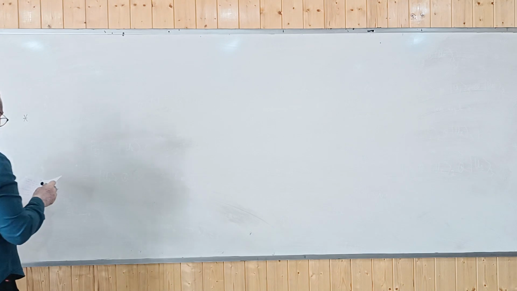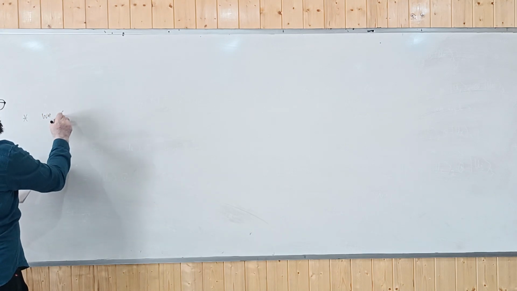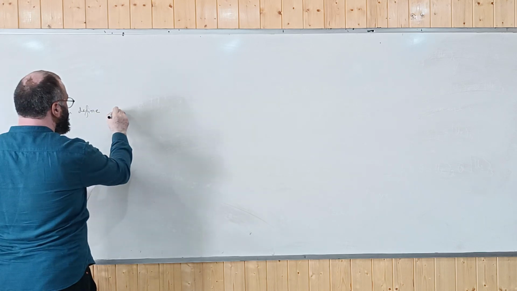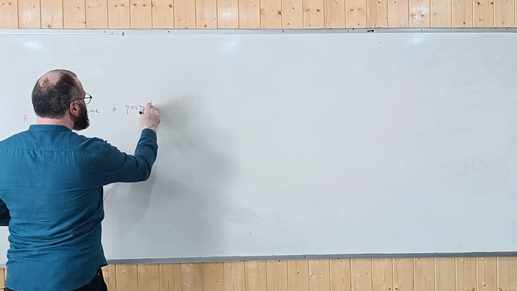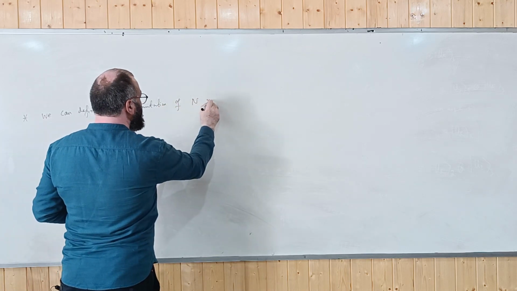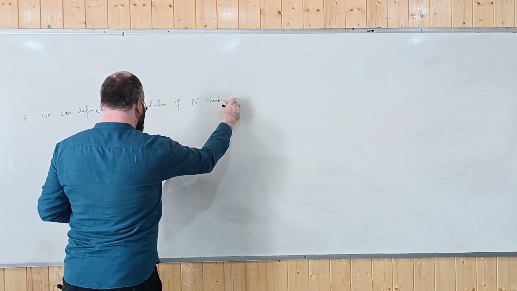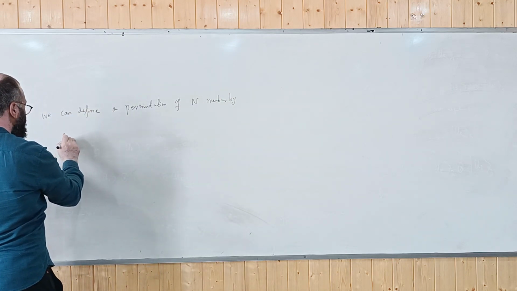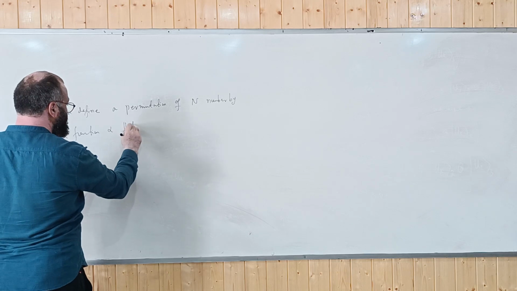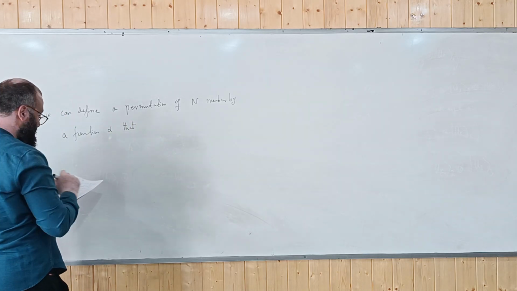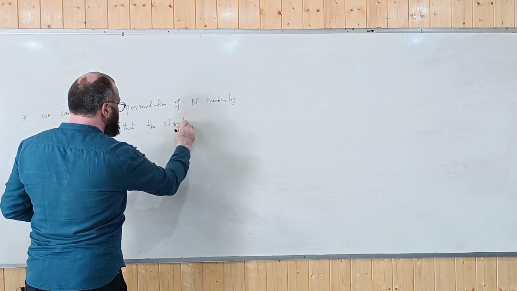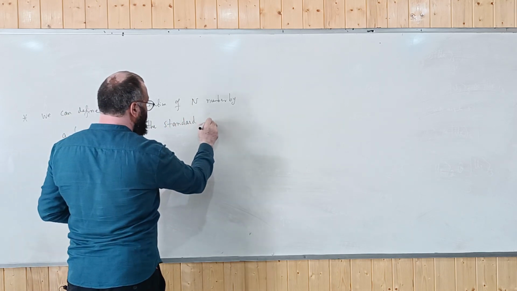So I will define a kind of function. Let's put a simple mathematical definition. We can define a permutation of n numbers by a function alpha. Alpha is a function that maps the standard ordered integers.